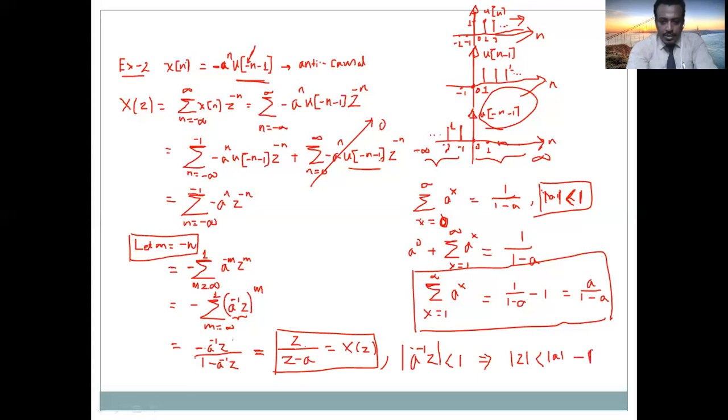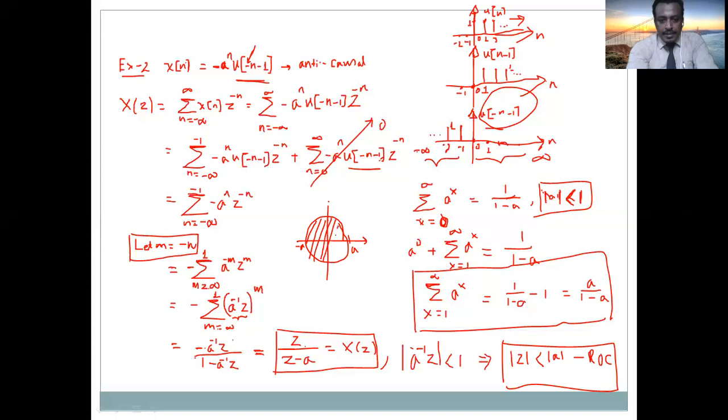This is our region of convergence. It is now less than a, right? So if you draw the z plane and a circle with radius a, what will be the region of convergence? All values of z less than a, meaning inside this circle.